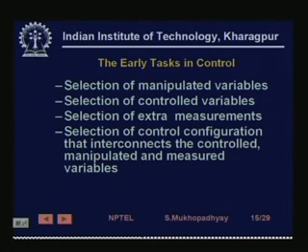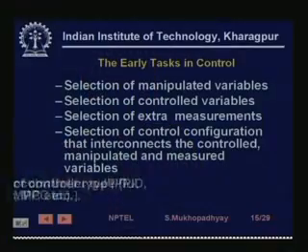Selection of control configuration, that is how you are going to connect the controllers and the sensors. So, are you going to connect it in cascade with feed forward, or we have seen some special features like the Smith predictor. These need to be done.